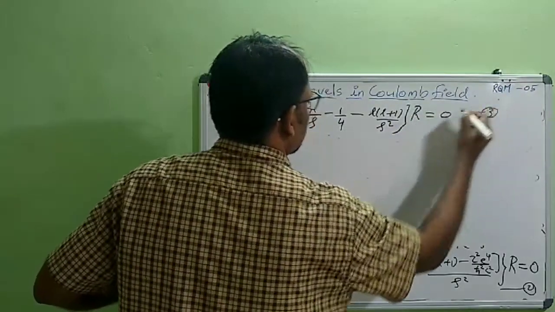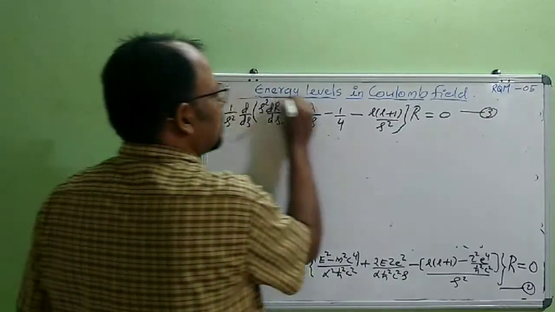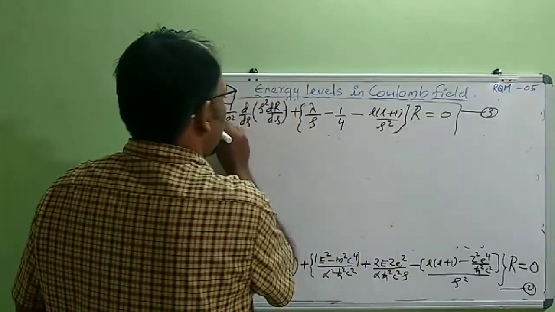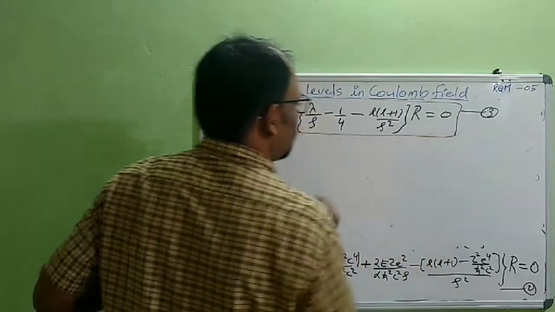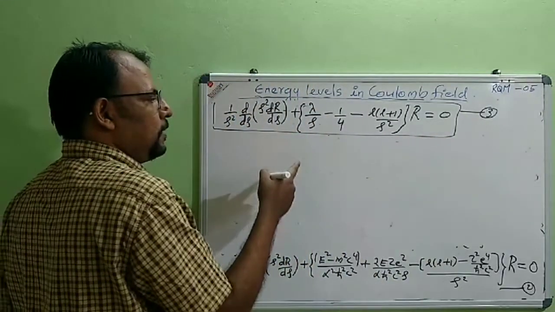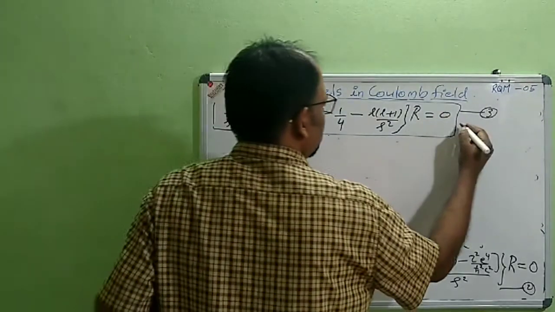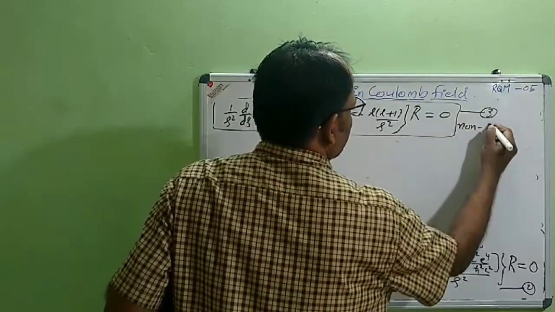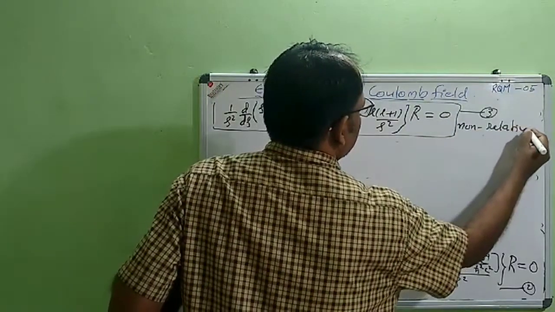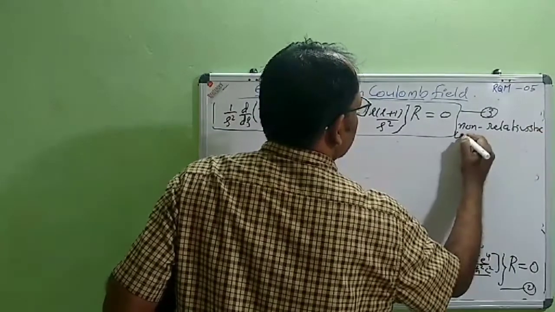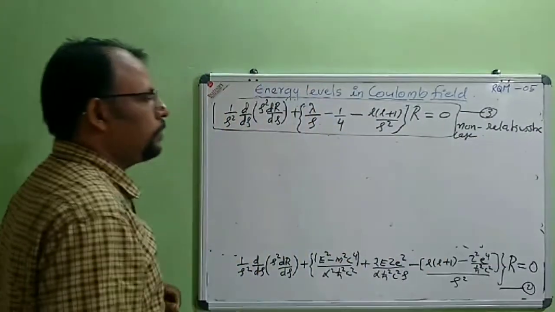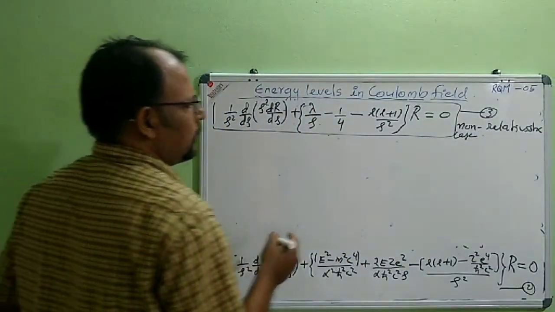Equation number 3. Actually, this equation is the differential equation for radial part in the case of hydrogen atom, that is obtained for non-relativistic case. This equation is obtained for non-relativistic case.